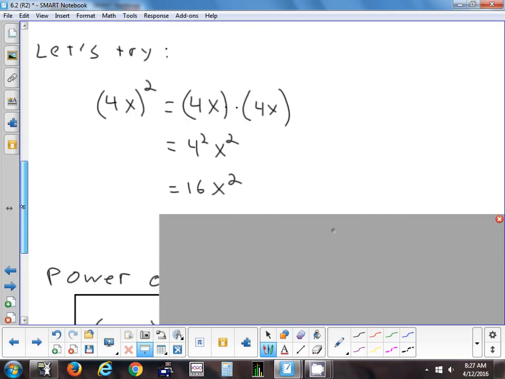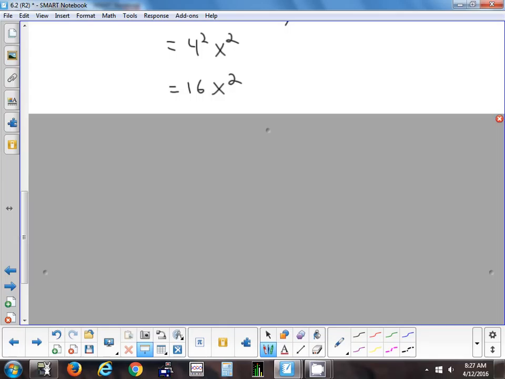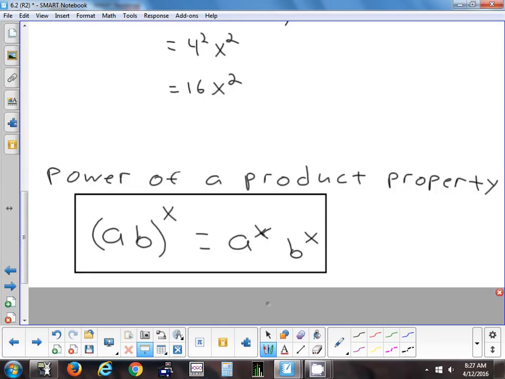All right. So just like we always do, let's summarize it as a rule, and then we'll write it a little more simply. This is called a power of a product. You take and raise each one of these things to the power. A gets raised to the power, and B gets raised to the power.